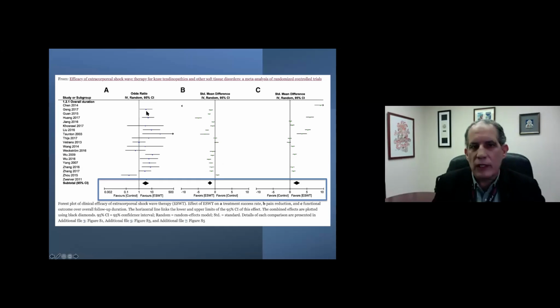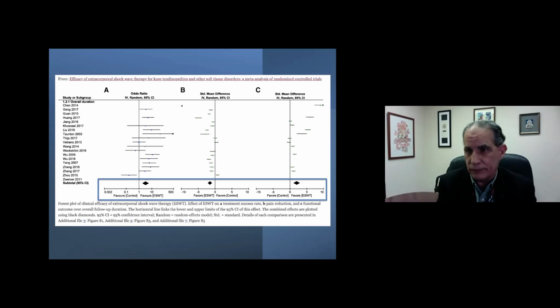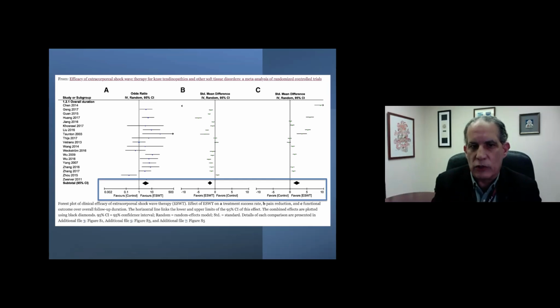And as you can see here, we have 1, 2, 3, 4, 5, 6, 7, 8, 9 studies showing beneficial effect of the shockwave therapy. Now, the value of the meta-analysis is that they put together all of these studies into one study. And they do statistical analysis of all of the subjects and results together.